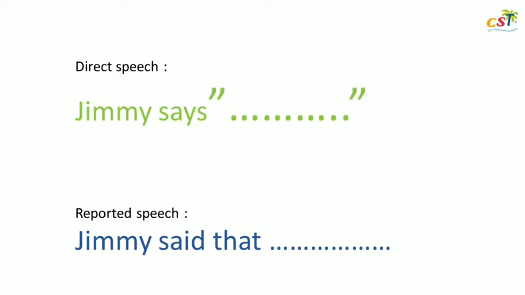Before we go further, I would like to remind you what is direct speech and what is reported speech. Like what you can see on the screen, I have got direct speech and reported speech. Direct speech is a speech or statement or information or what you say directly to the listener, and the listener doesn't say it again to someone else, just between you and the listener.